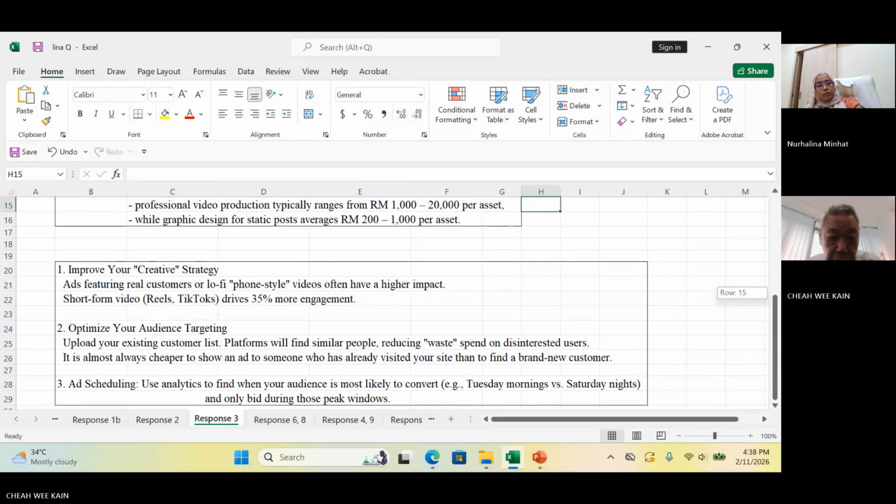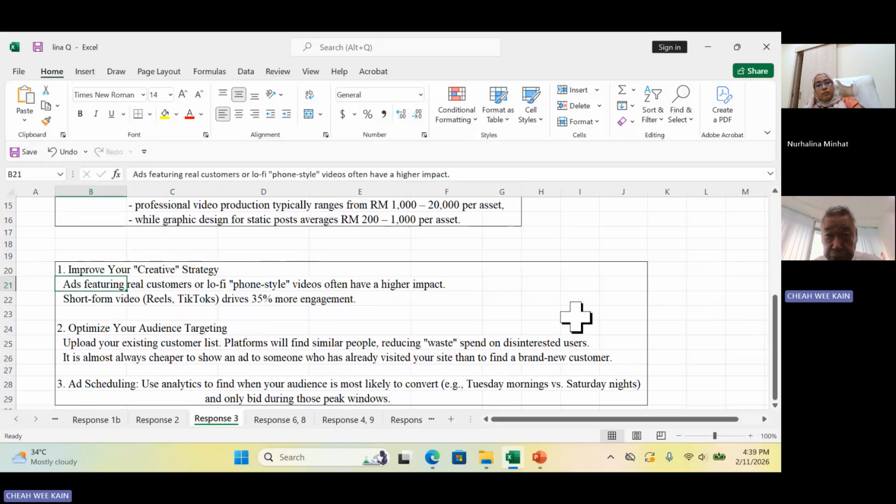Now, how do you want to save costs? Because you're going to pay a lot of money for advertising. First, you need to improve your creative strategy. What does that mean? When you do your ads, you feature your real customer. If, for example, you're skincare, and you got a very loyal customer, ask them to come in.